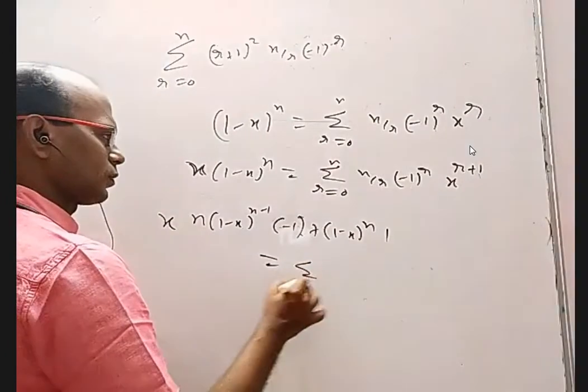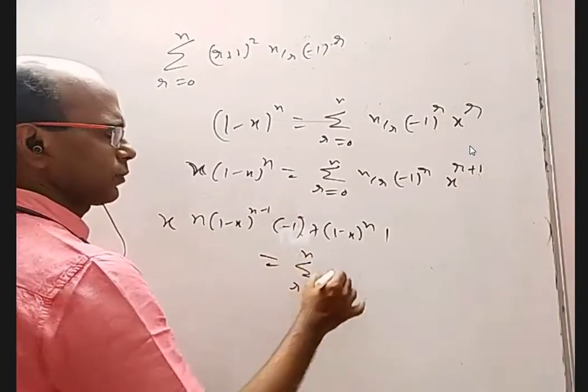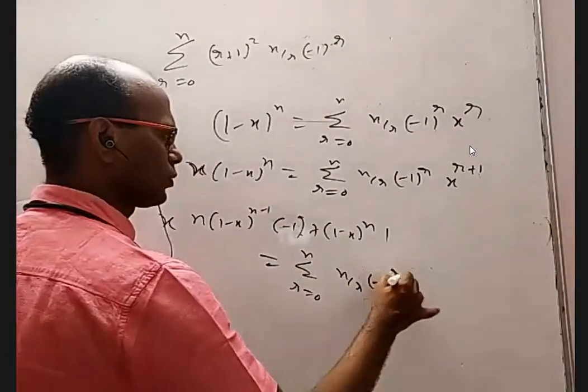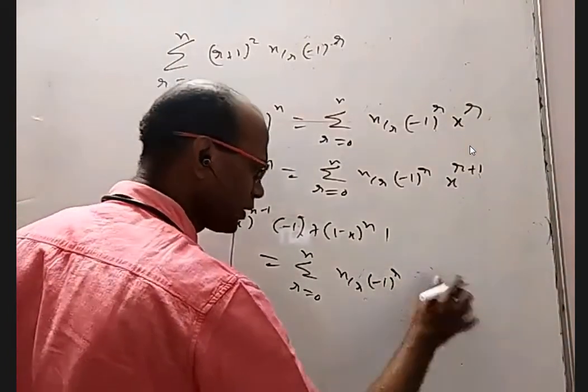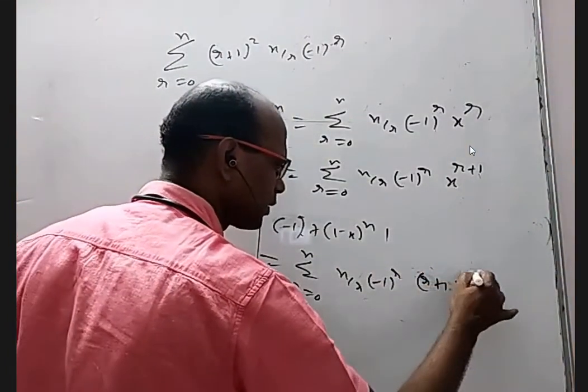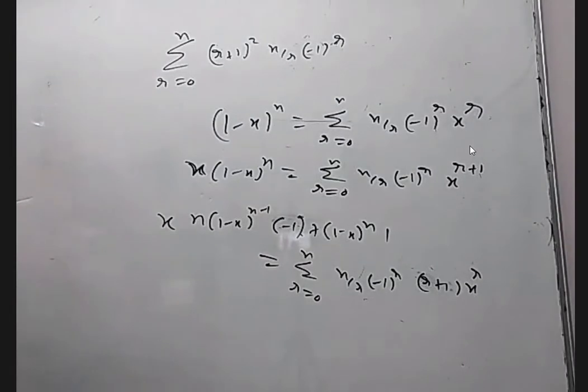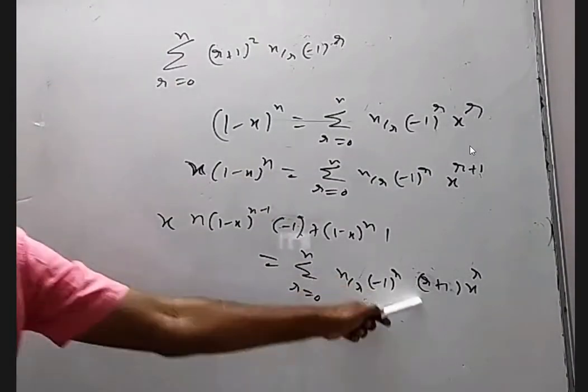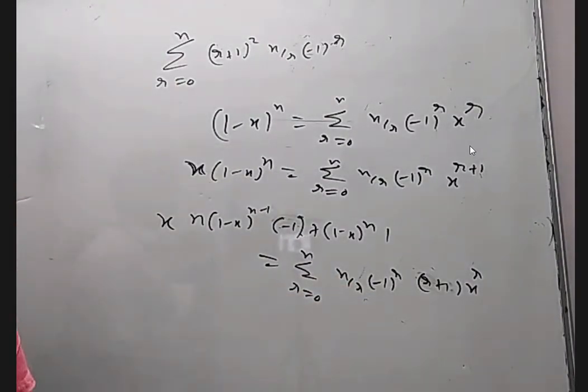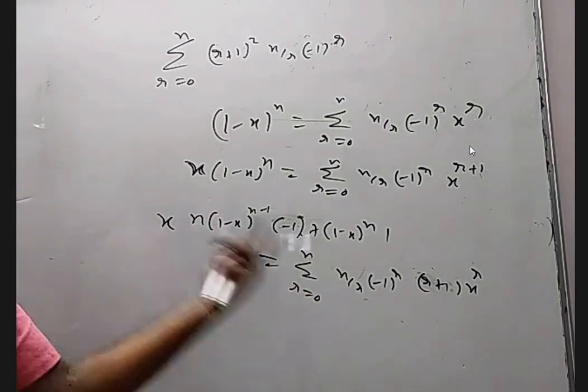Coming to this side, the sum of nCr (-1)^r (r+1) x^r. But I want (r+1) whole square here. So what should I do? Again multiply with x, and then differentiate.